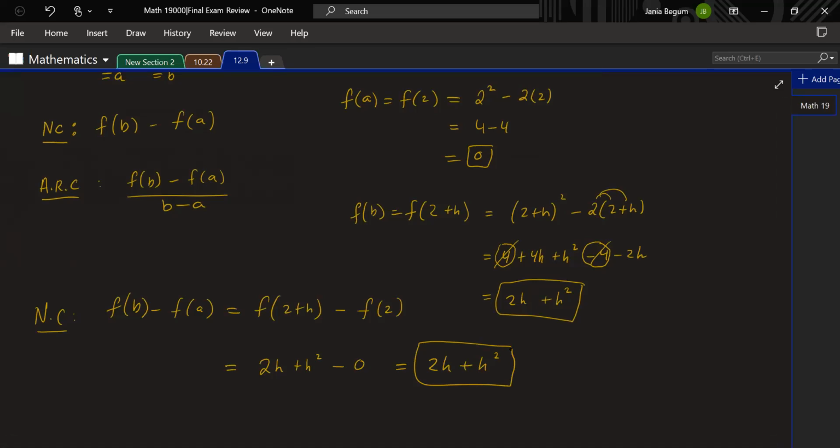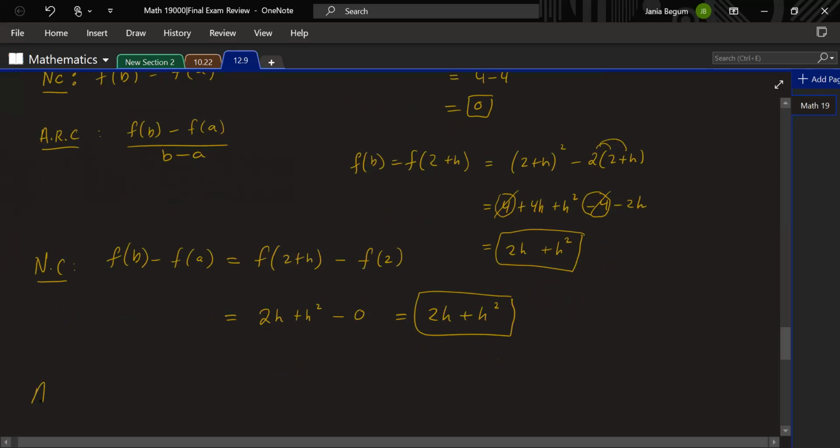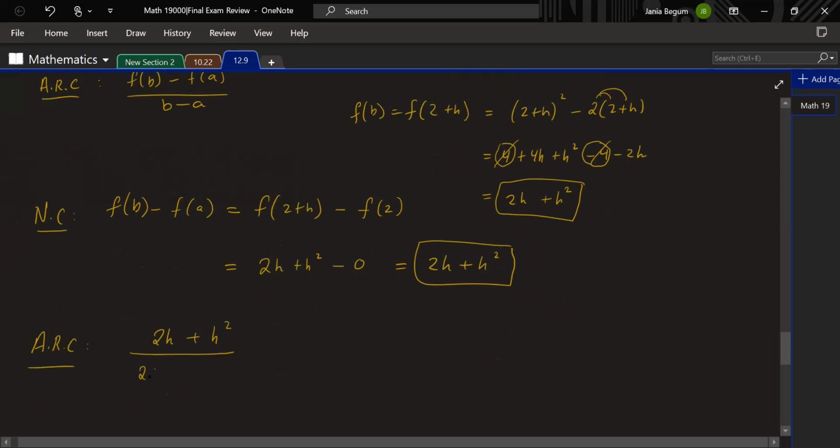Now what about the average rate of change? Well, you take the net change and you divide by b minus a. So for the average rate of change, we take the net change, which is 2h plus h squared, and divide it by b minus a. So our b was 2 plus h, a was 2.